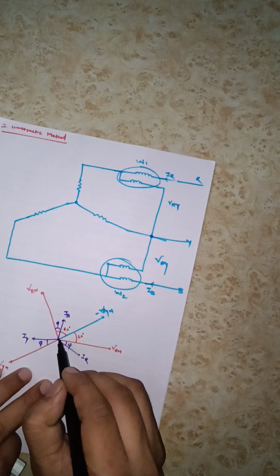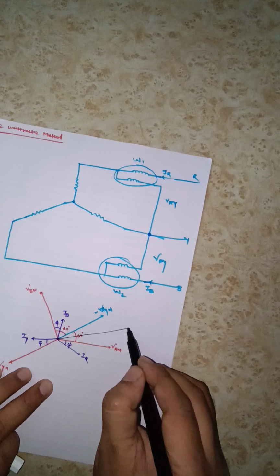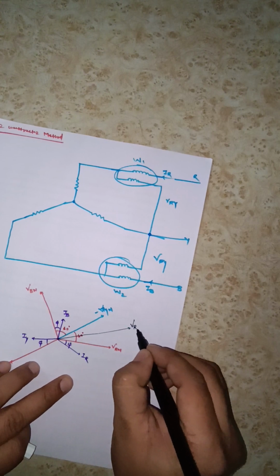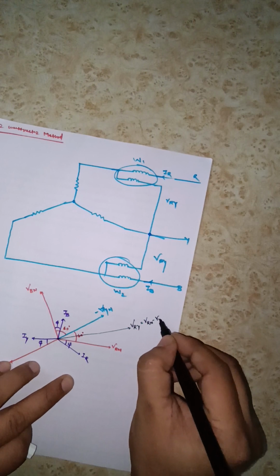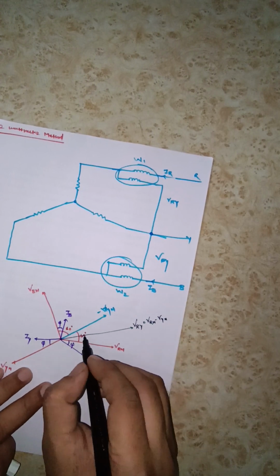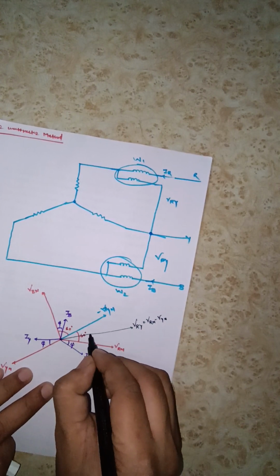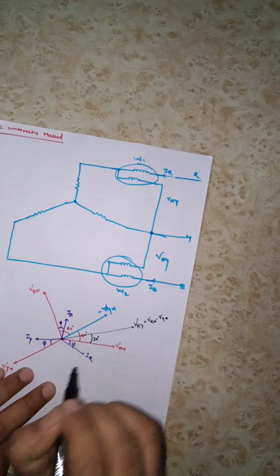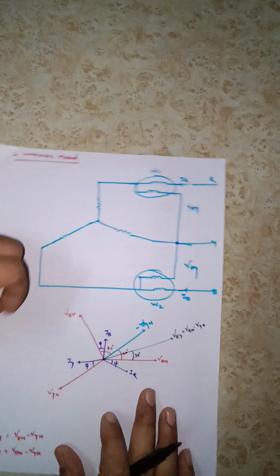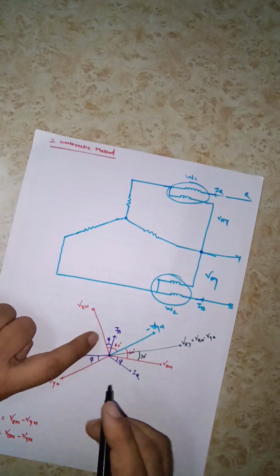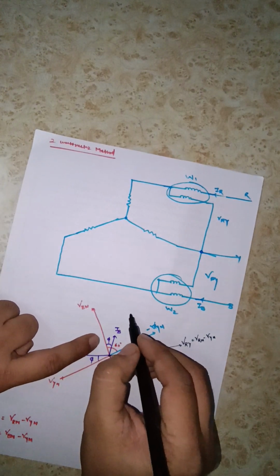This will be VRY, VRN minus VYN, and since it is also at the midpoint, this angle will be 30 degrees.